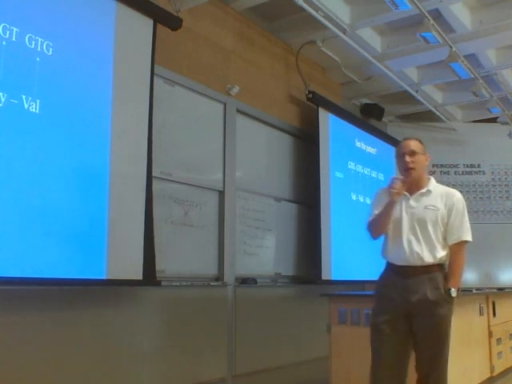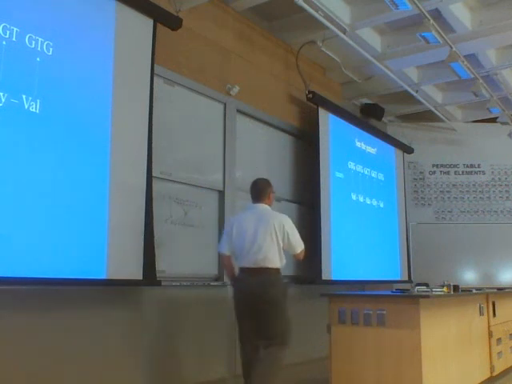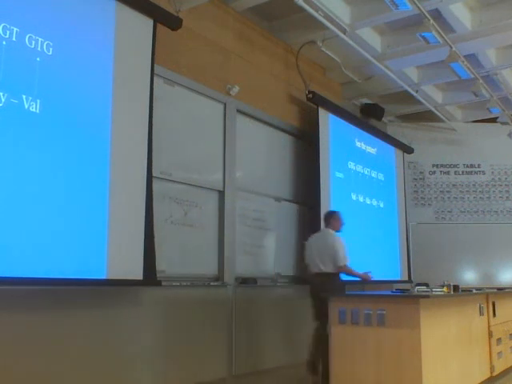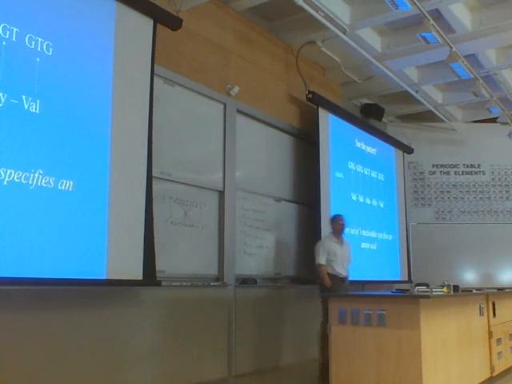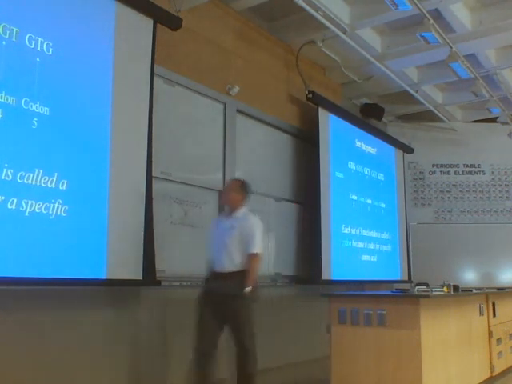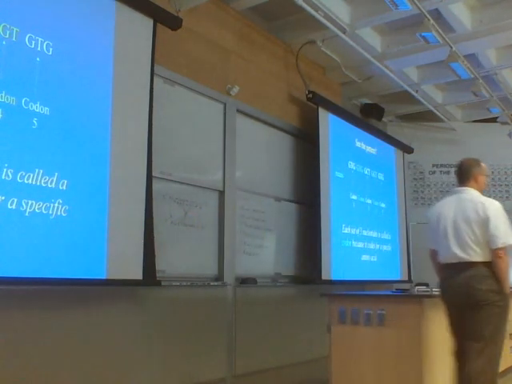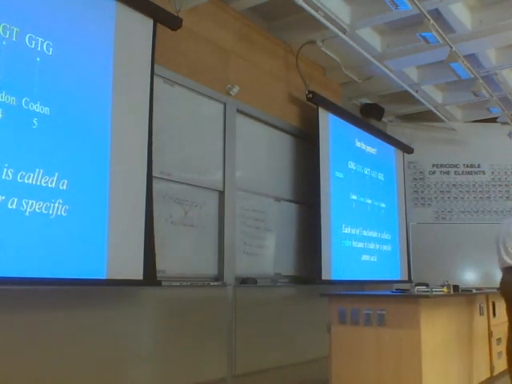Every set of three letters in the reading frame codes for a particular amino acid. We call that a codon. So the concept of a word here is equal to a codon. Each codon is exactly three letters long. Okay? So that makes it easy.